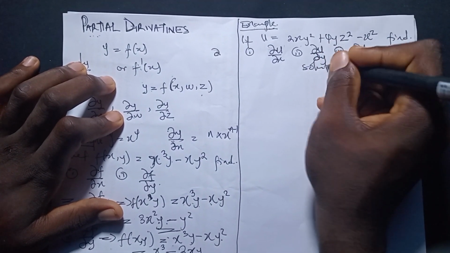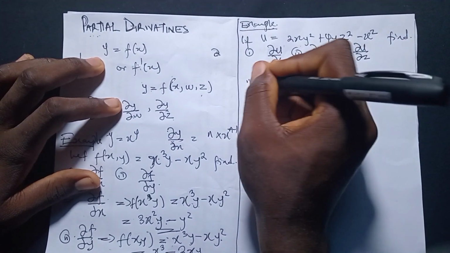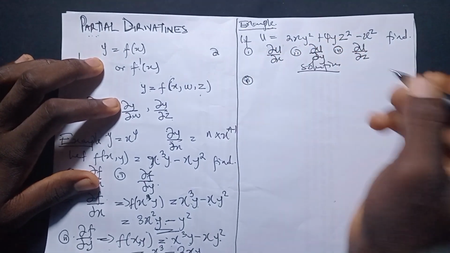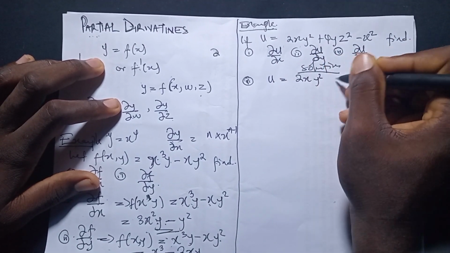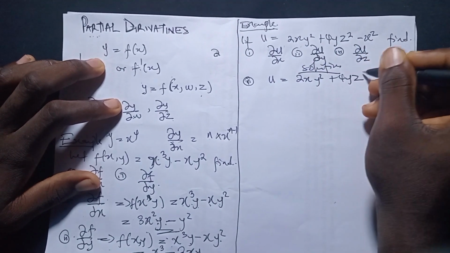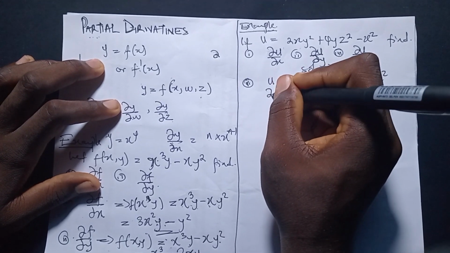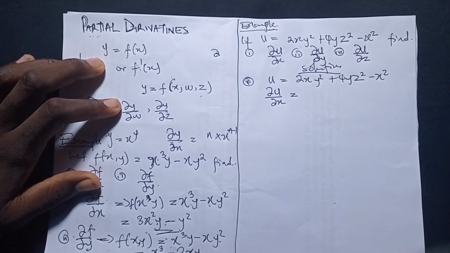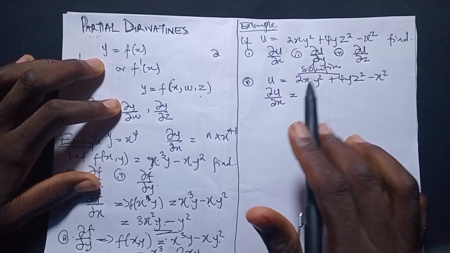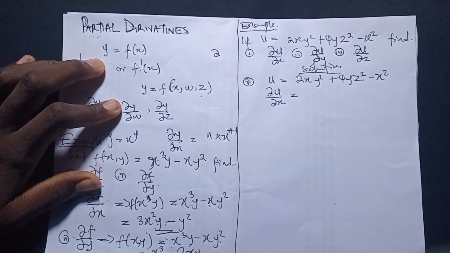Now solution. Number 1, u is equal to 2xy squared plus 4yz squared minus x squared, du/dx. Now remember, we are differentiating x, keeping other variables constant.